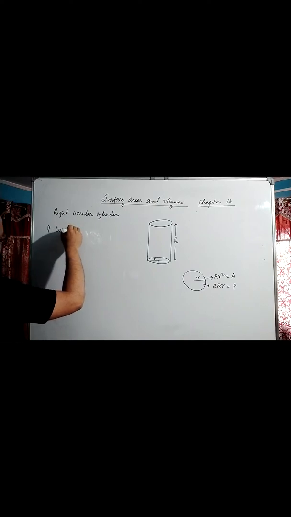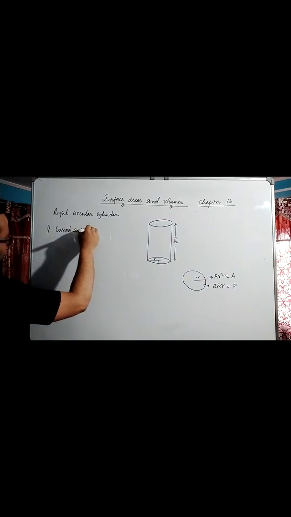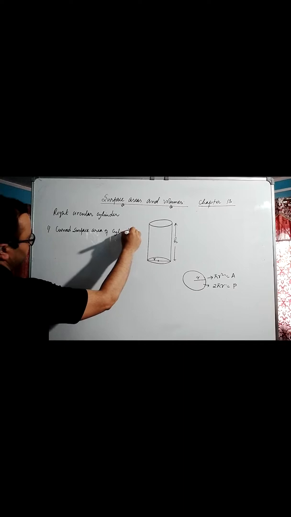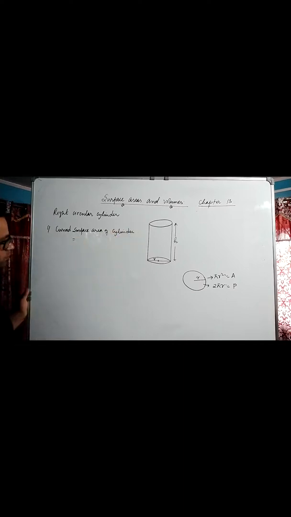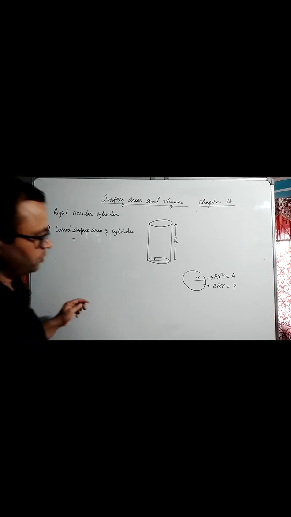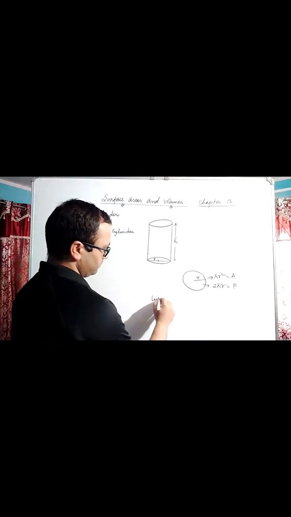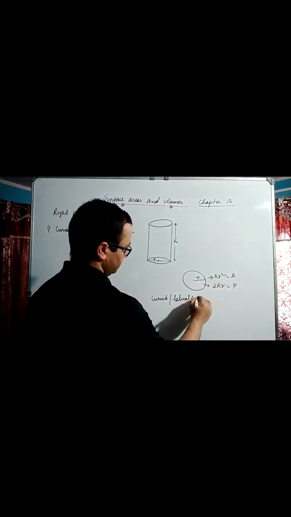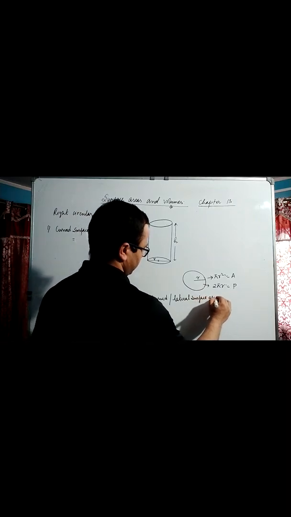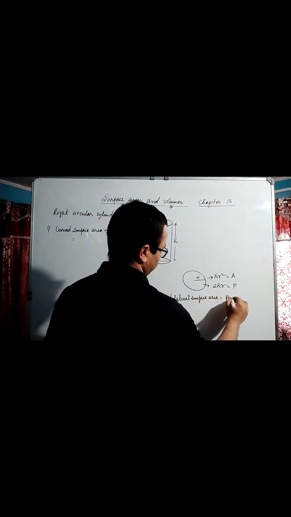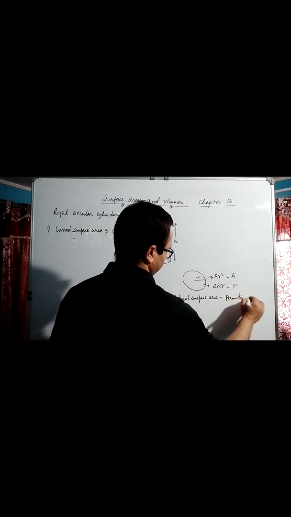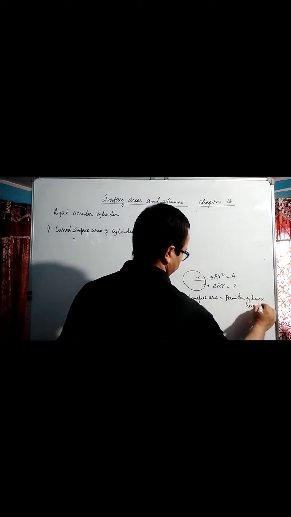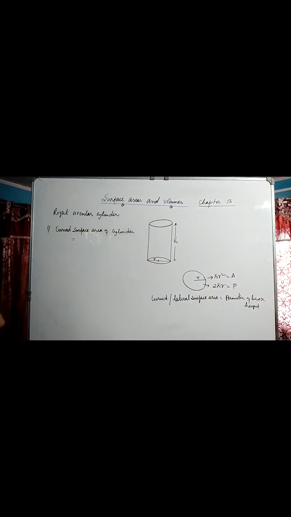Now curved surface area of cylinder is equal to, for curved or lateral surface, area will be perimeter of base into height. Perimeter of base into height.